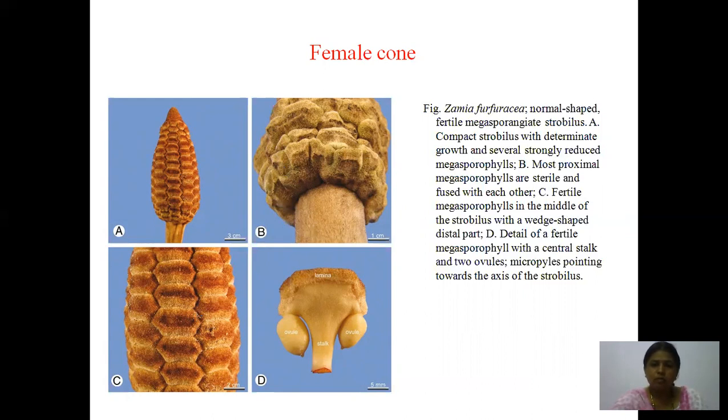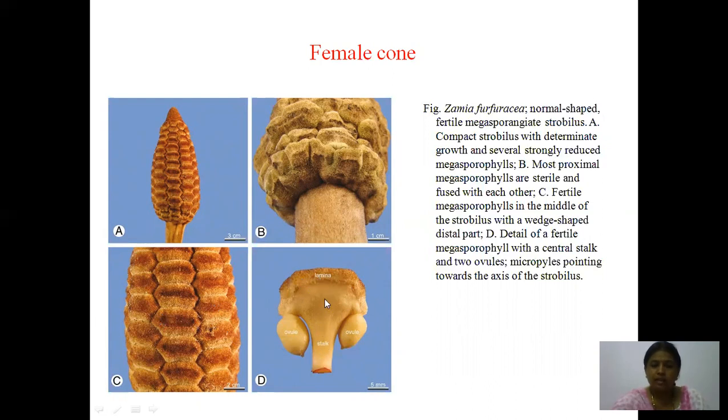Fertile megasporophylls are present in the middle of this vase-shaped distal part, and details of a fertile megasporophyll with a central stalk. This is the central stalk. This is one megasporophyll.